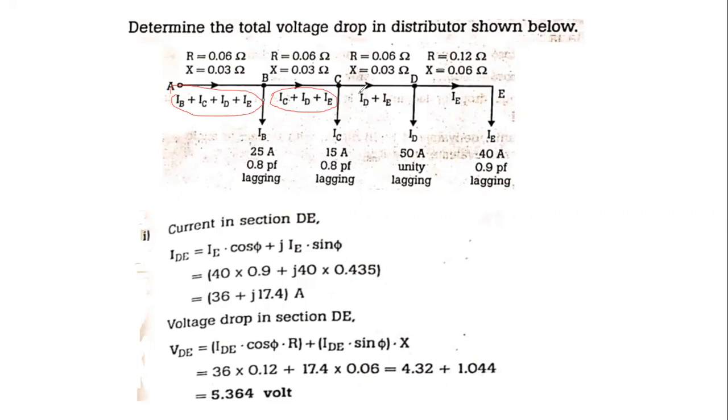The current across the CD section: IC is dropped, so it is ID plus IE. The current across the DE section: ID is dropped, so the remaining current is IE. These are the formulas for the current in each section.